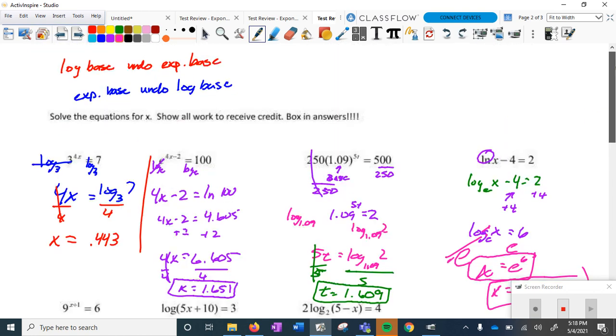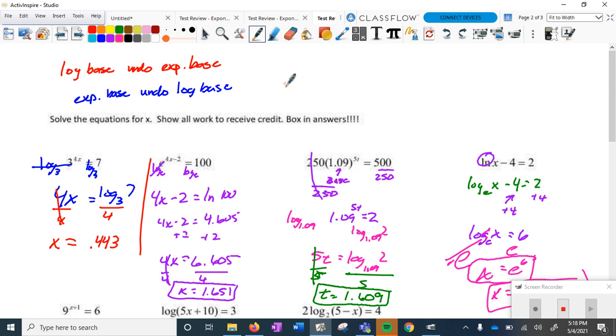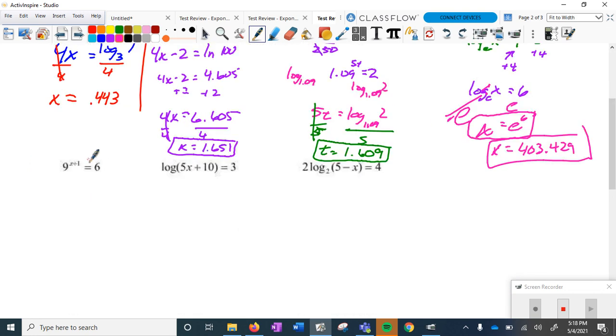So again, remember, a log base will undo an exponential base. What's the base? 9. So log base 9 to this side, log base 9 to this side. Okay, so I have x plus 1 equals whatever log base 9 of 6 is. Okay, so let's go figure that out. Let me use my TI this time. Again, I want to do log base 9.